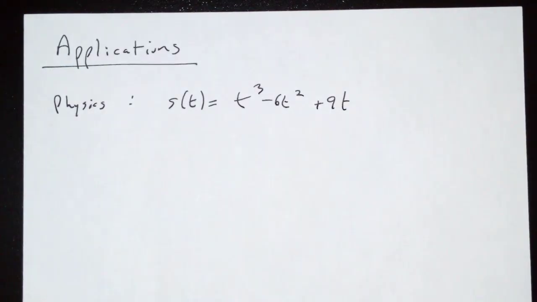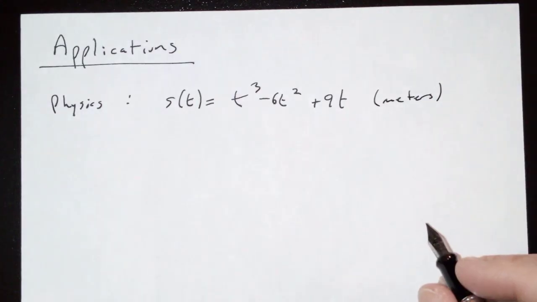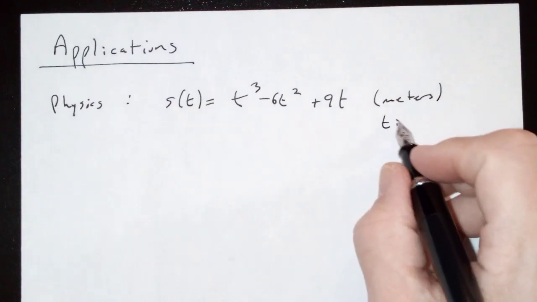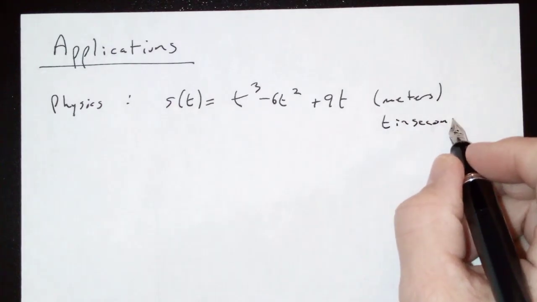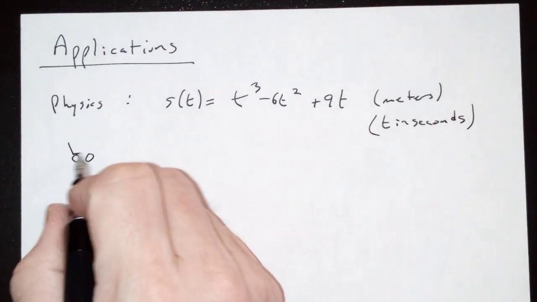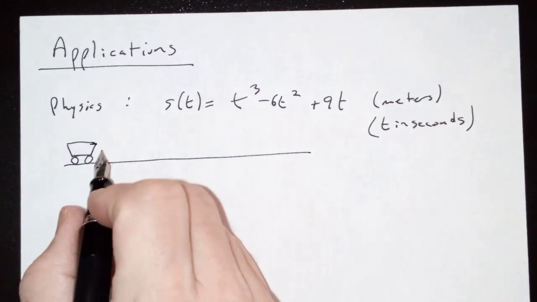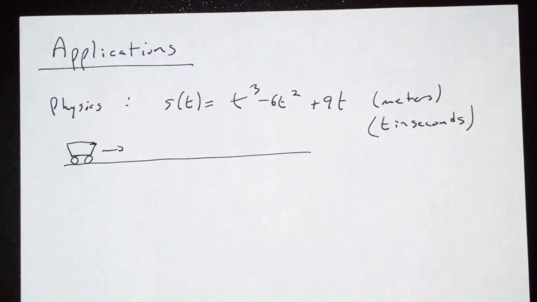I have a cart on a track. Its position at any given time t, measured in seconds, is s of t.